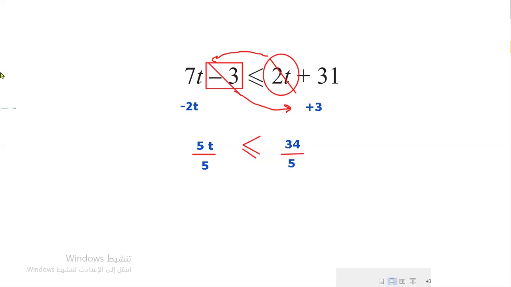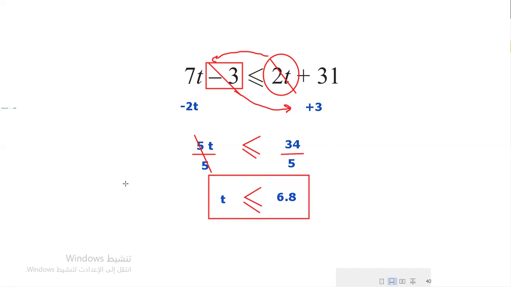Now, the first side here, this will go with this, so I end up with t alone, and the sign smaller than or equal to. So here we have t, and then 34 divided by 5. The answer is 6.8. And this is the final and the simplest form of the inequality.